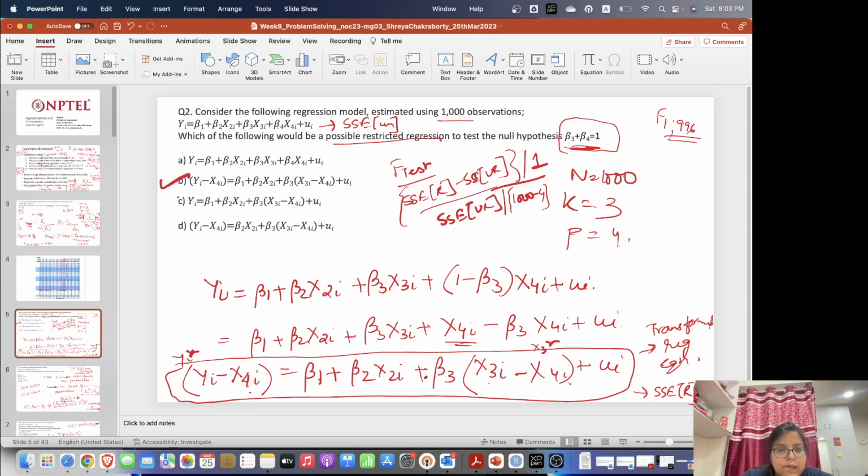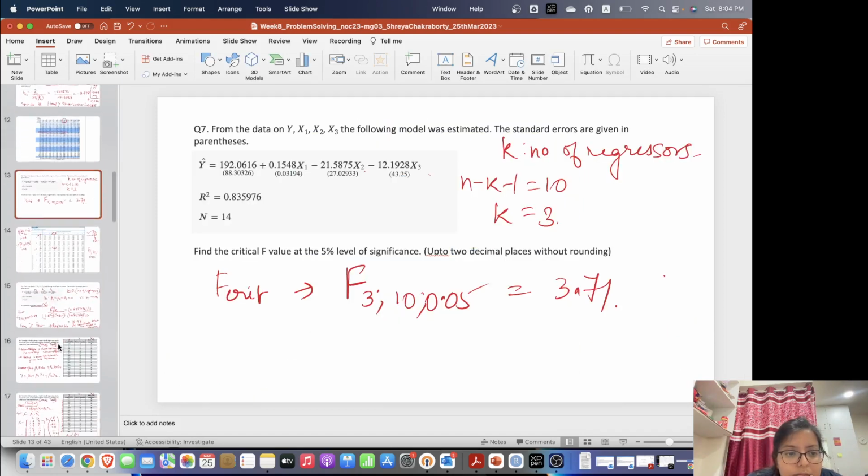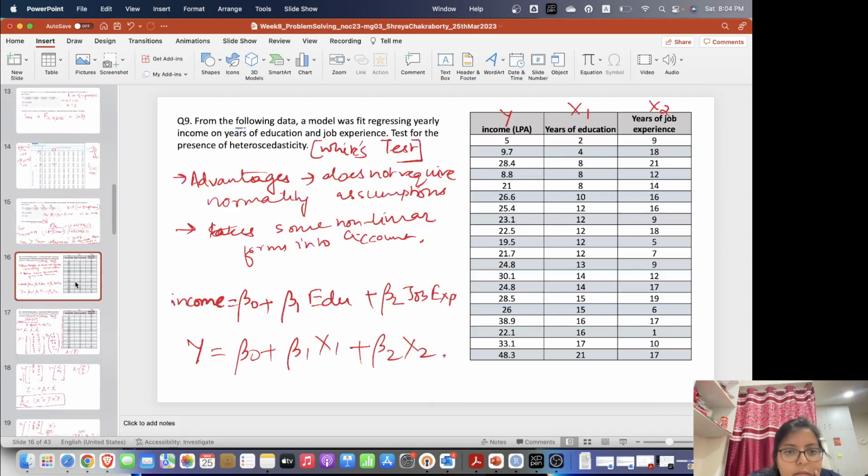Like ma'am, in question number 9, we have calculated the value of beta 0, beta 1 and beta 2. Can we use Stata to find the value of beta 1, beta 0? Yes, you can. I don't think you'll be allowed to use it in the exams, but for work purposes in general you can use any of the software.